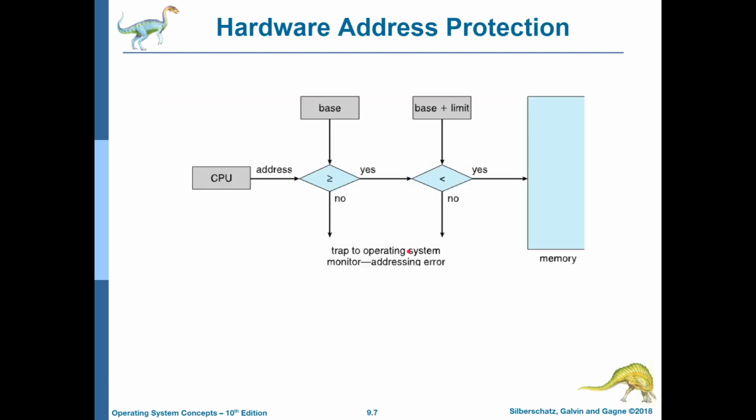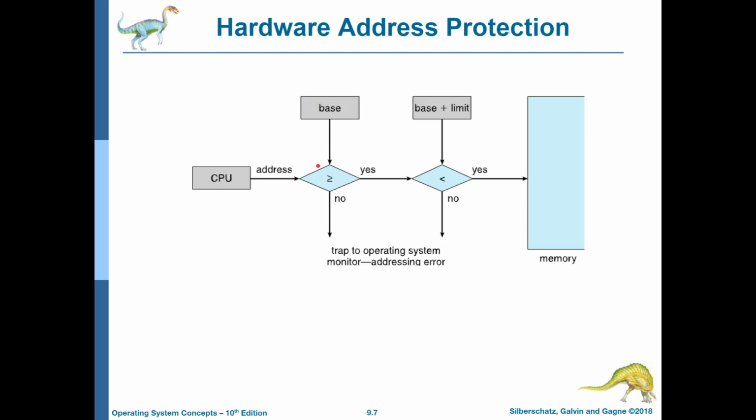The way this is handled is with every memory access. This includes retrieving an instruction as well as reading and writing data. Every memory access takes the address, which is called a logical address for that particular CPU, and that logical address is first compared to the base register. That base register tells us the top of the memory range.